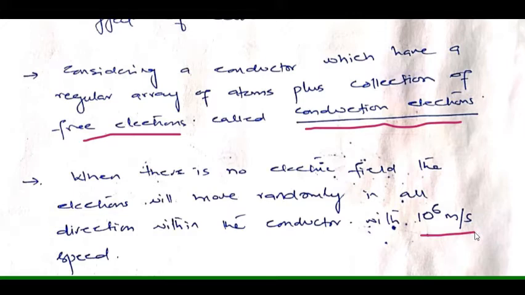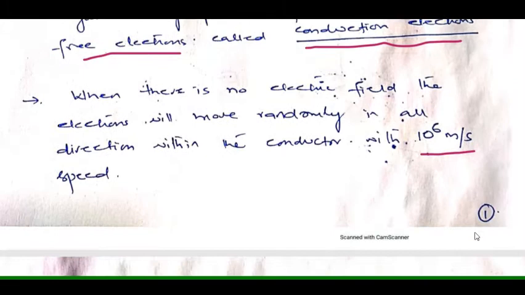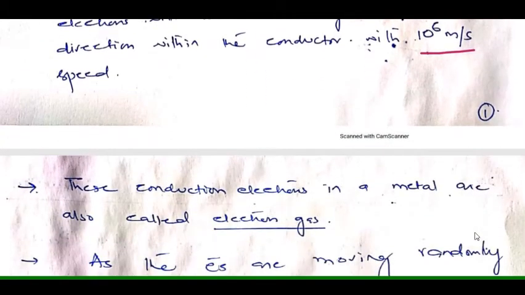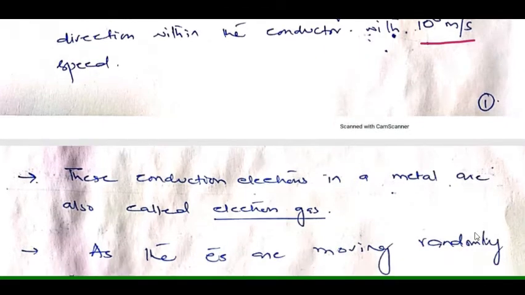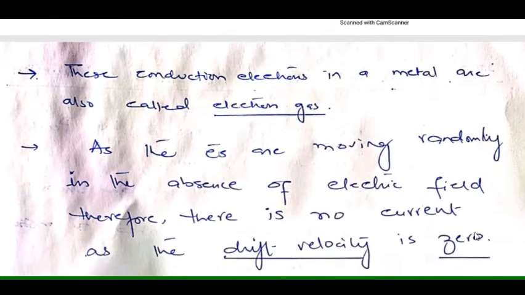So there are three names for these electrons in the conductor: free electrons, conduction electrons, and you may also find another name, the electron gas.